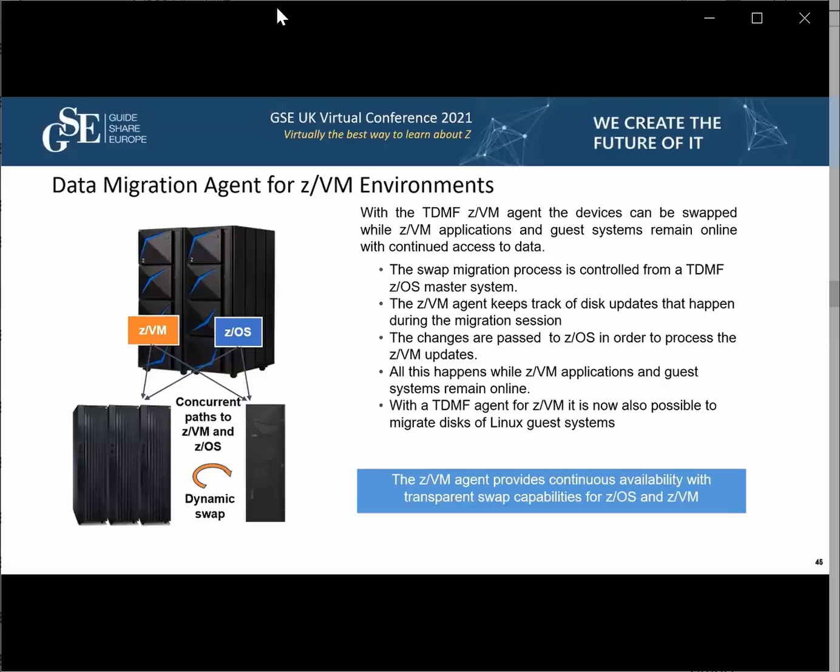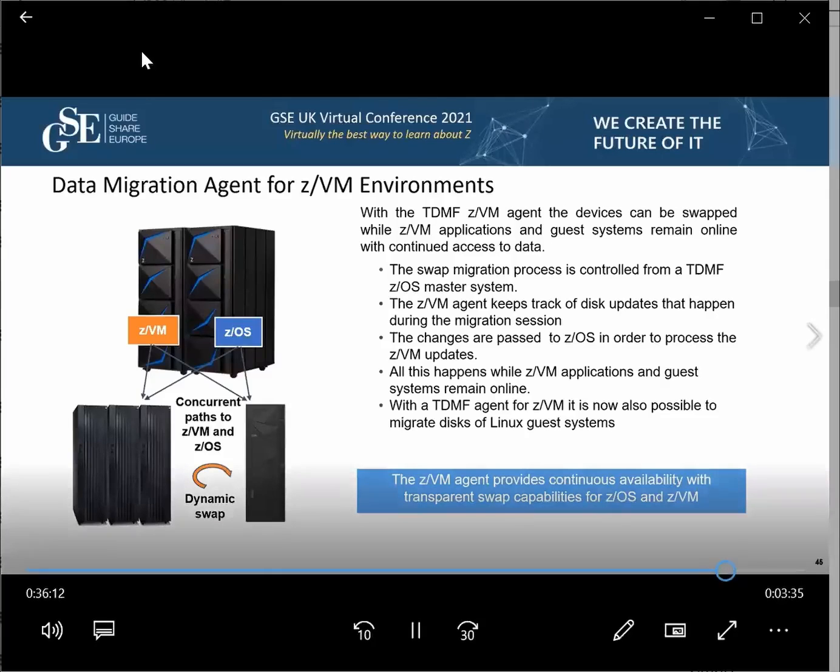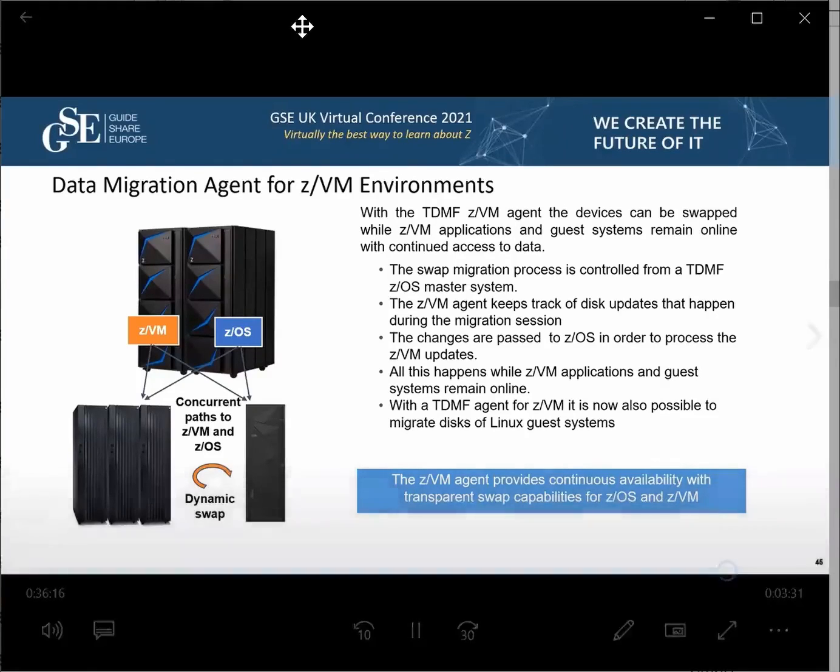So this all operates a lot like how the z/OS master and agents work. You have a TDMF migration that's still controlled by a TDMF master system that runs on z/OS.